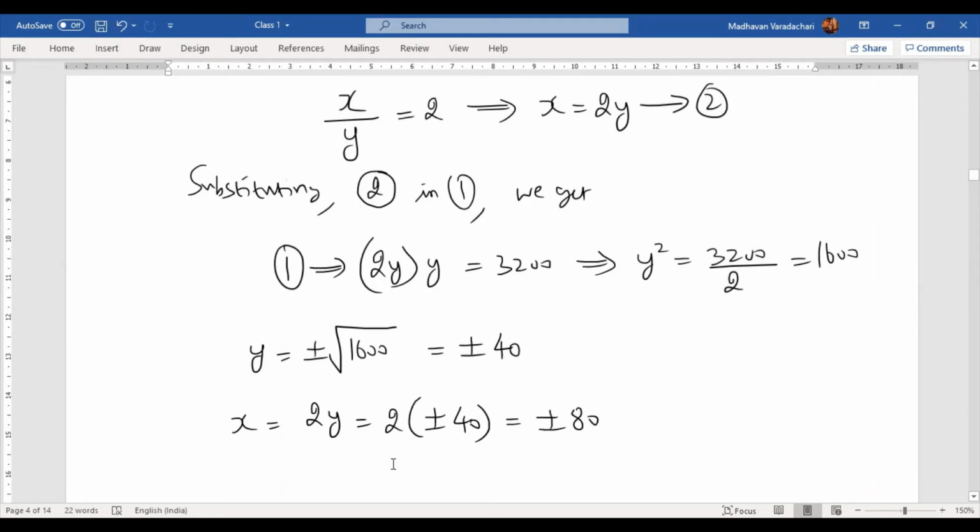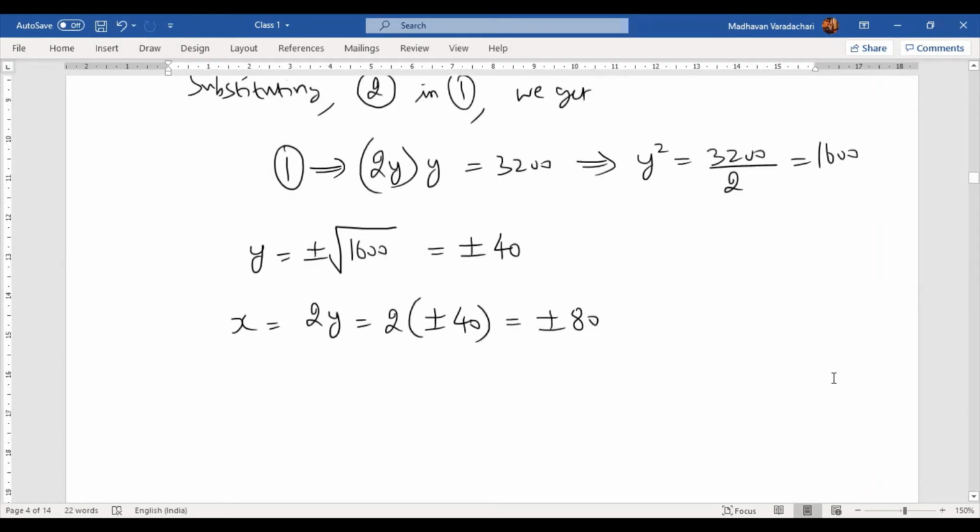Now we know x should be larger than y. So that means x comma y, if I consider x as positive 80, I am considering y as positive 40 only.